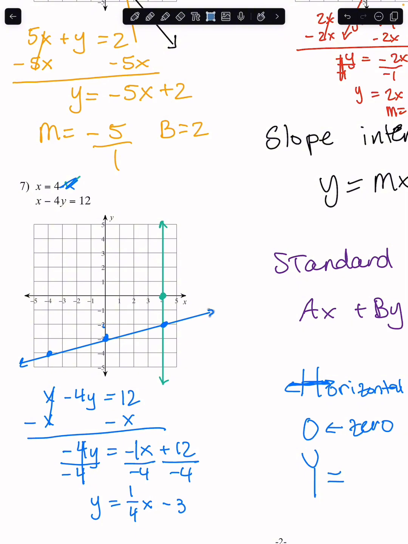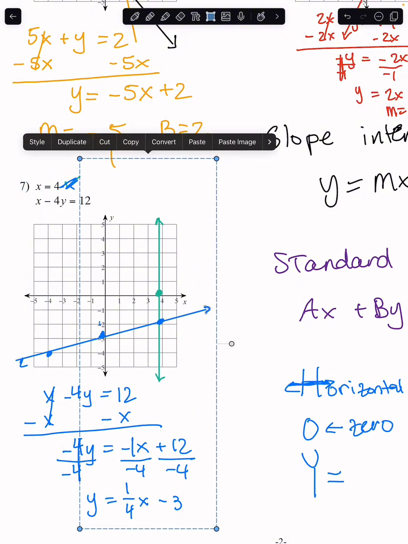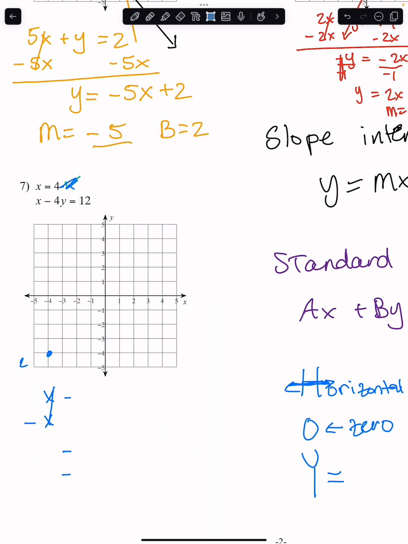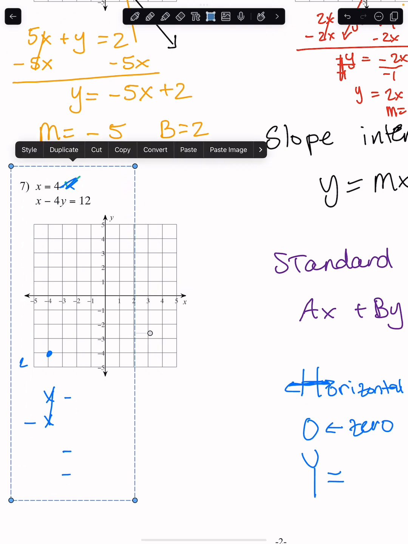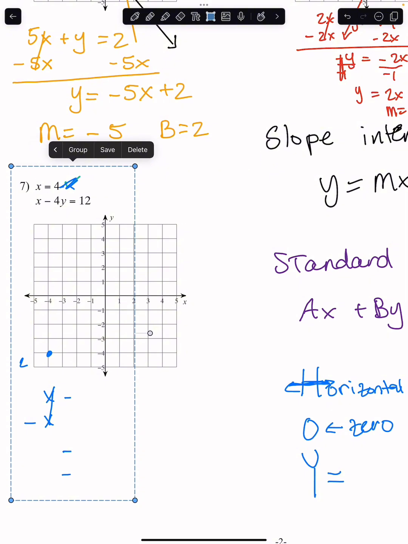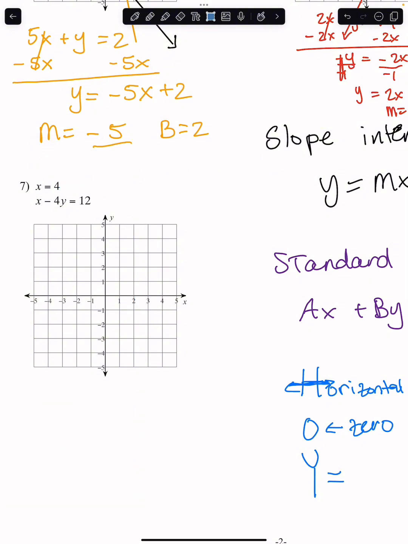I'm going to delete this, and get all this stuff out. I'm going to just borrow the lines on this graph. That's all this is for. So pretend that this stuff is not here.